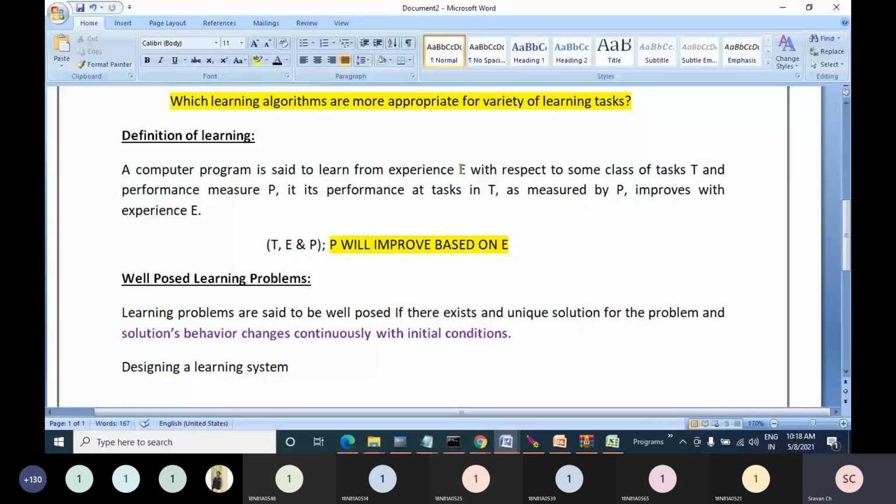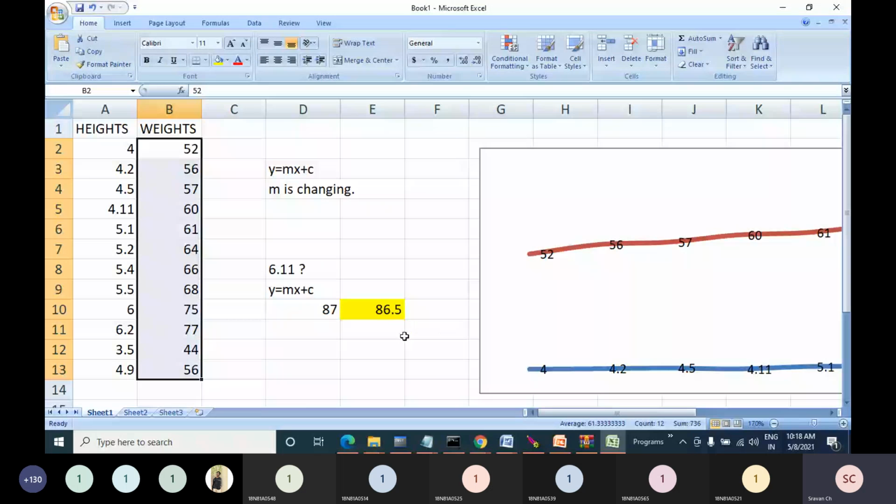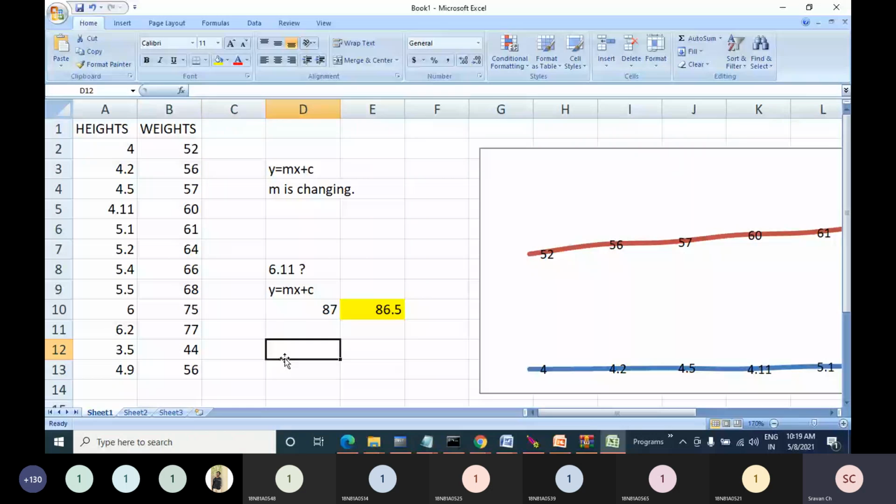So a computer program is said to learn from experience E with respect to some task. So what was the task here? The task was to predict the weight. For a given height, I need to predict the appropriate weight. So the task is prediction.